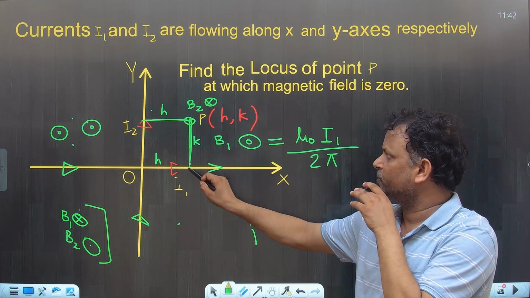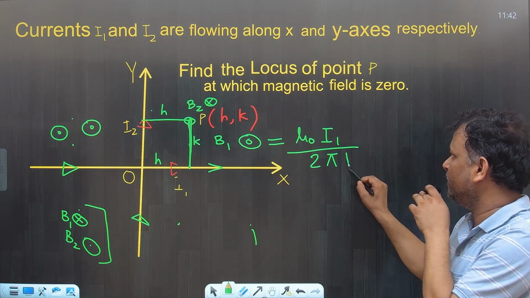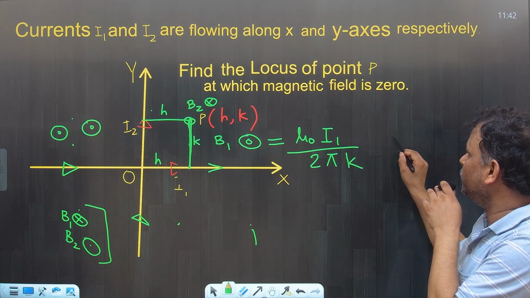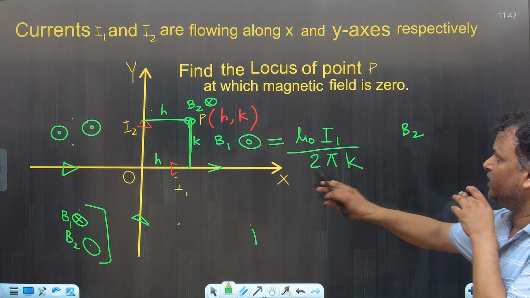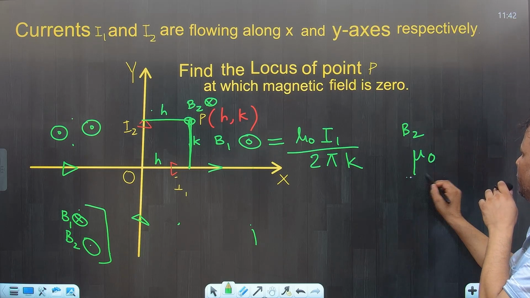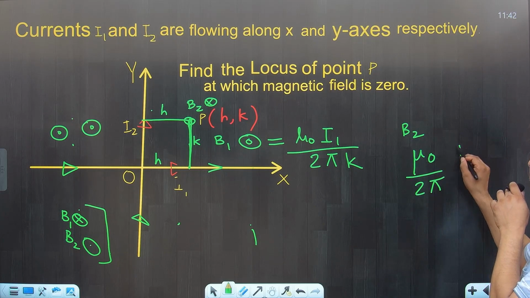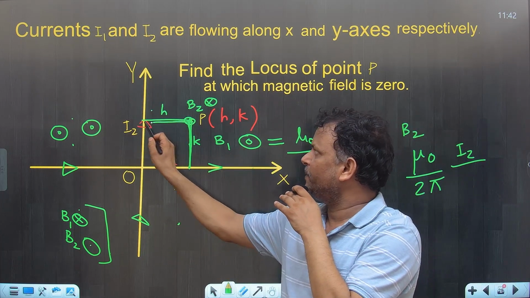For the x-axis, this is the distance k. And what will be B2? B2 will be mu naught by 2 pi I2 by r. For this wire, the distance of point P is h.